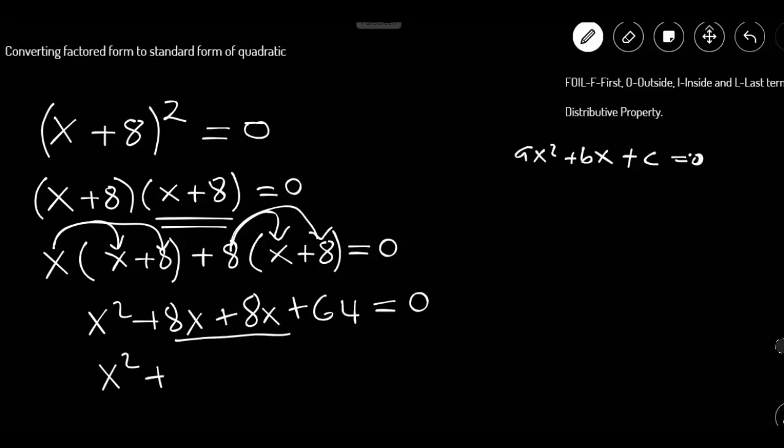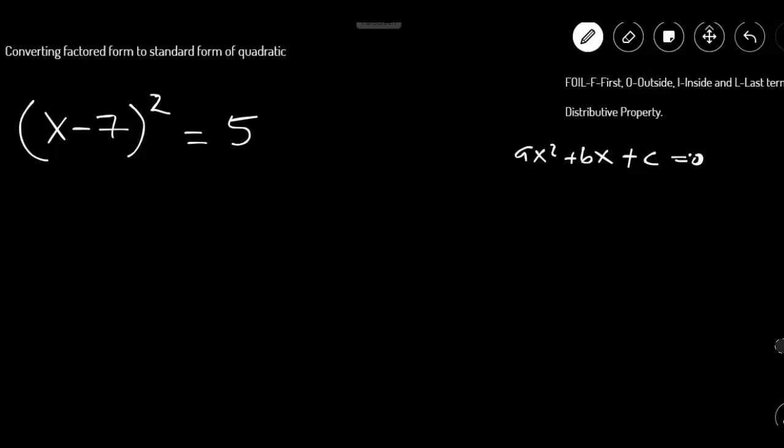So we got 8 plus 8 gives us 16. You bring your x down here, plus 64, and ta-da, we're done. So we were able to convert this repeated factored form into a standard form right down here.